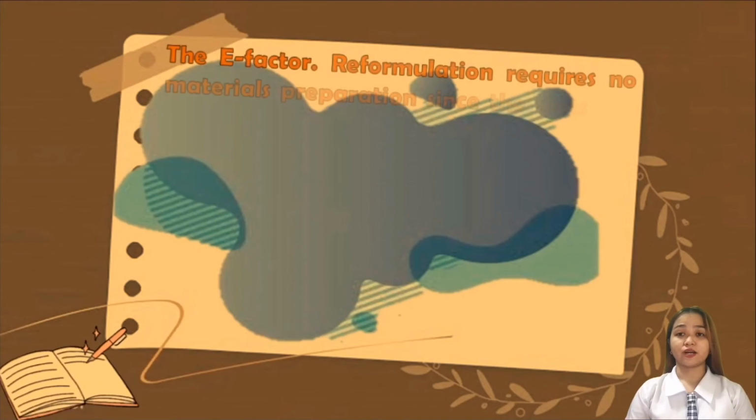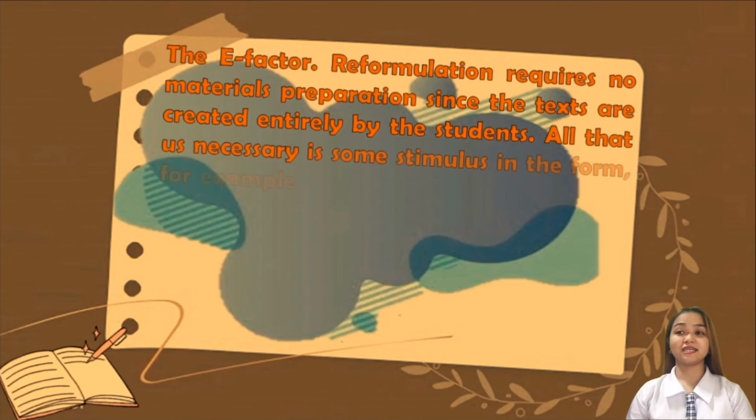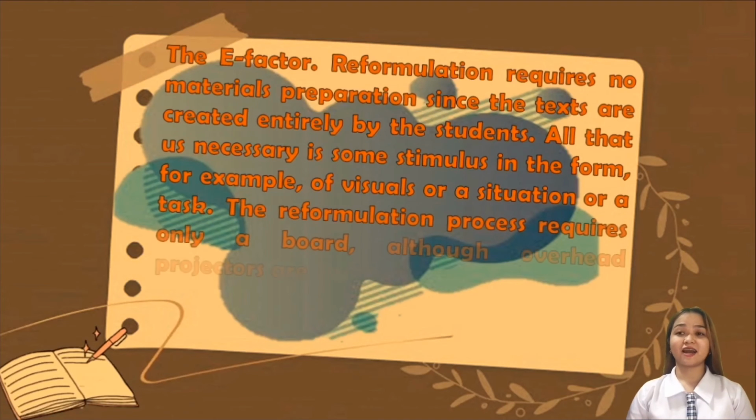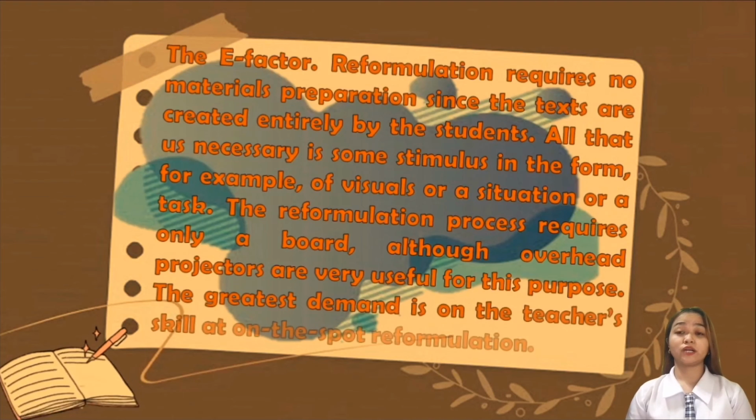Evaluation, the E factor. Reformulation requires no materials preparation since the texts are created entirely by the students. All that is necessary is some stimulus in the form of, for example, a visual or a situation or a task. The reformulation process requires only a board, although overhead projectors are very useful for the purpose.